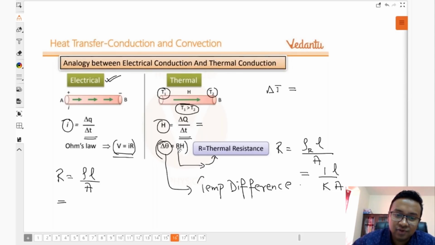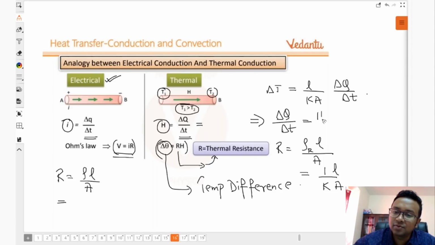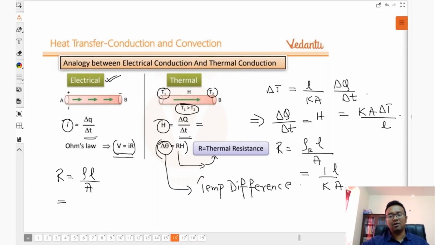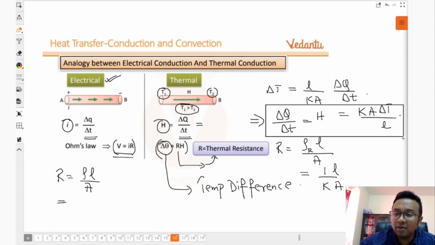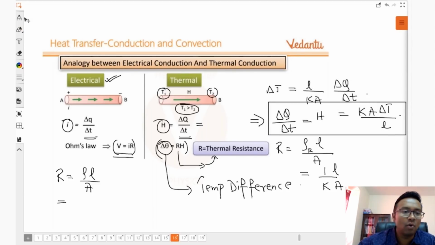Same way, delta T is equal to R into H. So I can put it here as L divided by KA into delta Q upon delta T, that is my heat current. So I get delta Q by delta T, which is my heat current, equal to KA delta T upon L. Technically speaking, this is the single most important formula in this entire topic of heat transfer by conduction.